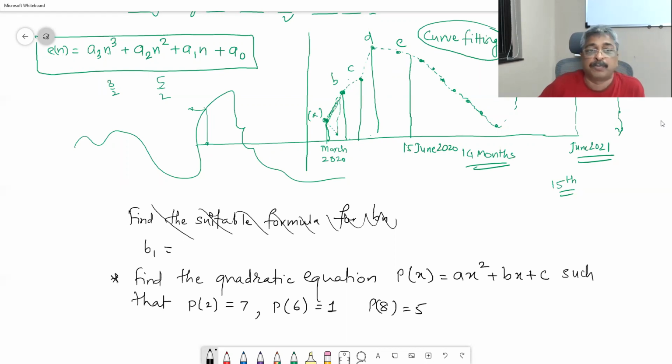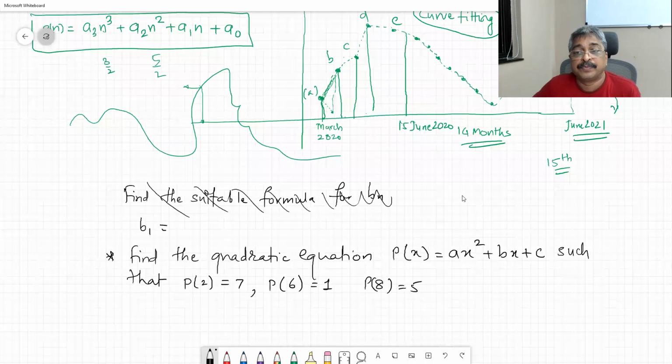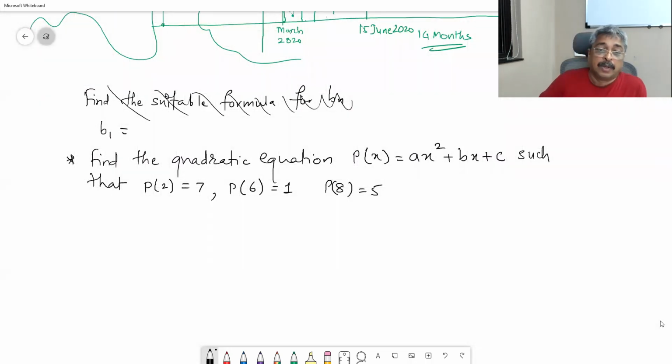Okay, now let us solve this problem and you will understand what we are trying to do. After we learn the theory of quadratic equations, we will come to know what this is, but I hope you must have solved some quadratic equation by now.